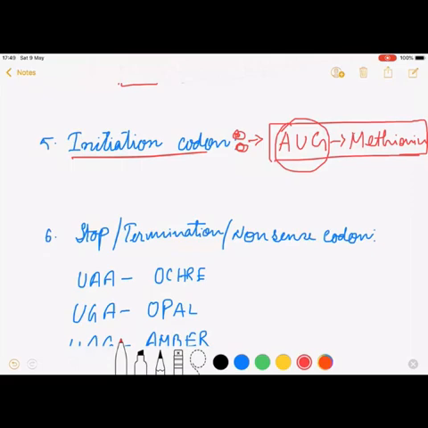There is one more codon, GUG, which acts as an initiation codon in some bacteria, but universally AUG is the first initiation codon. In every protein synthesis, the first codon will be AUG and the first amino acid will be methionine. But yes, if the methionine is not required in that protein, later the methionine will be cut out from the polypeptide chain, but to initiate the protein synthesis, the first initiation codon will be AUG.